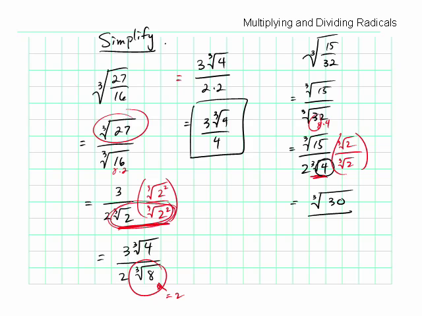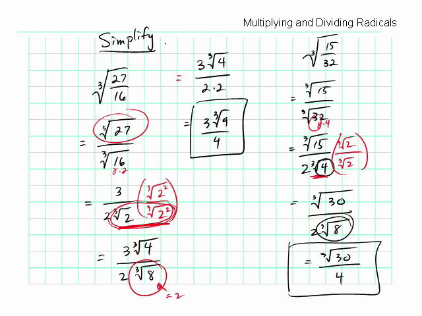In the denominator, I've got 2 cube root 8, which is a perfect cube. It's 2. And so my answer is going to simplify to cube root 30 over 2 times 2, which is 4. Cube root 30 over 4. Good. Okay, one more like this.